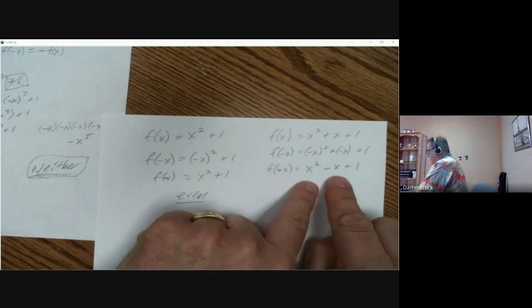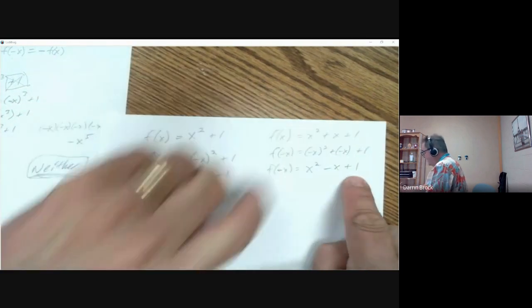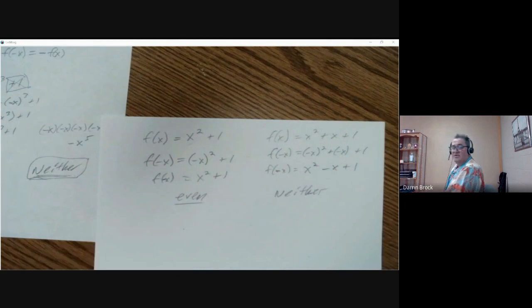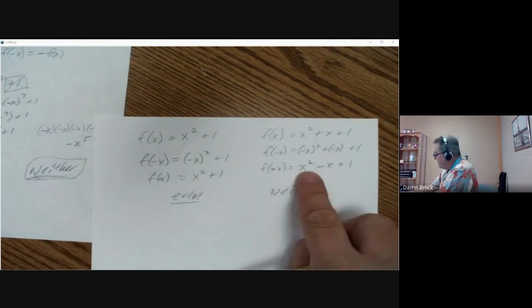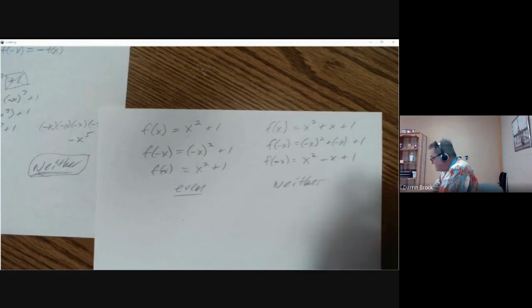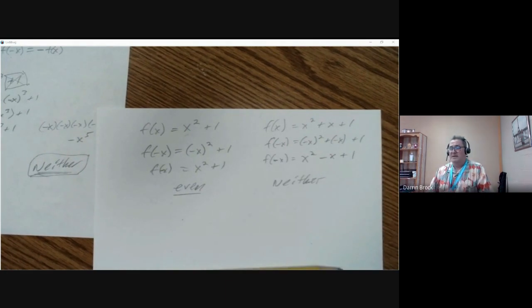Okay, that's as simplified as it gets, with same thing, opposite sign, same thing. That is neither even nor odd. It's neither one because it didn't end up exactly the same and didn't end up everything being exactly the opposite sign either. But that's how we test it. So we can have even, odd, or neither, just depending on what it looks like once we substitute negative x in there.